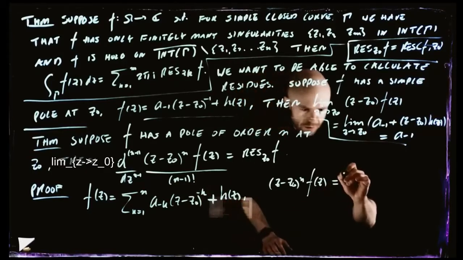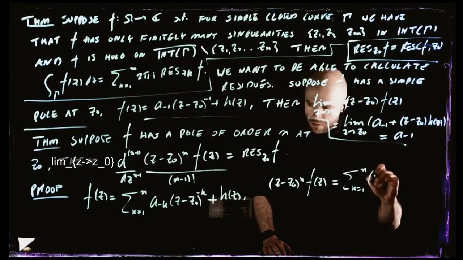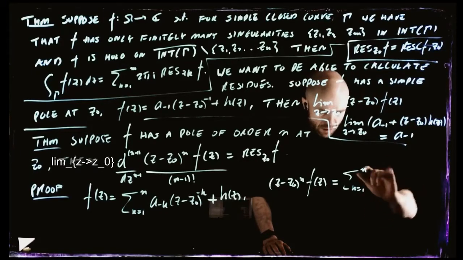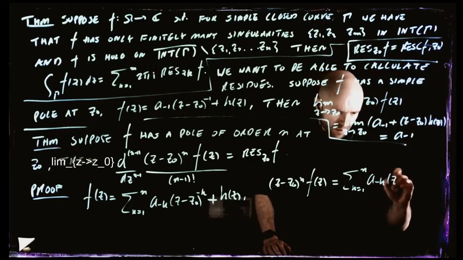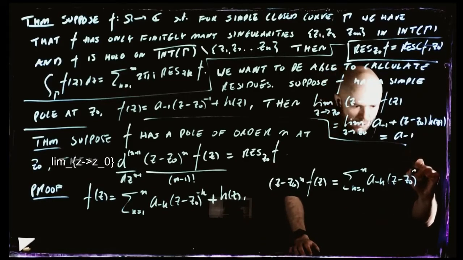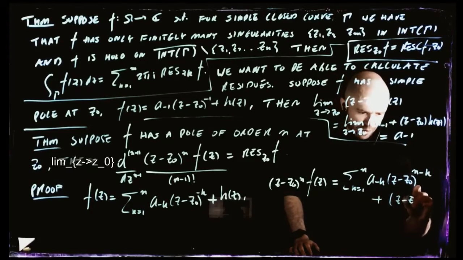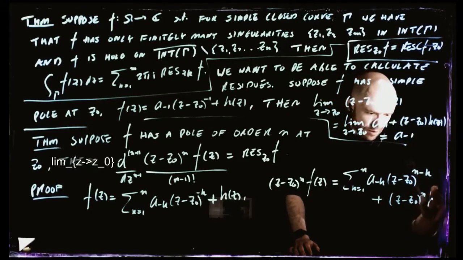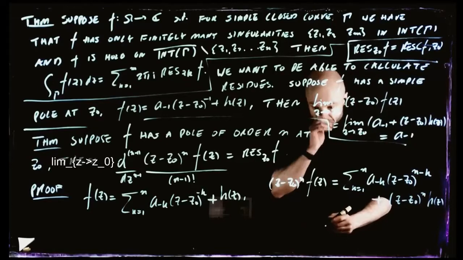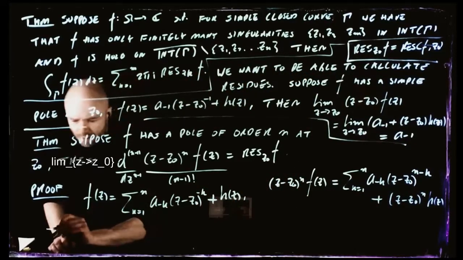Then we get just this thing, the sum from k equals 1 to n, a_{-k} (z minus z0) to the n minus k, and then this part here, which is harmless for us, h(z). Yeah, let's write out some of these terms just to make this clearer for us.